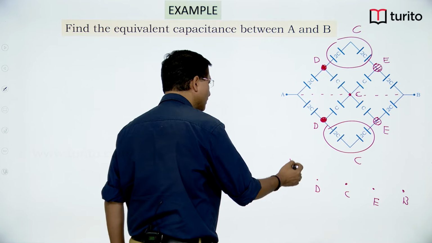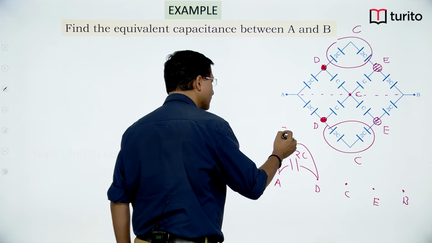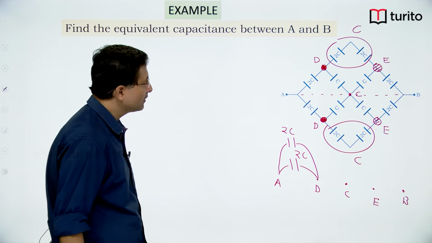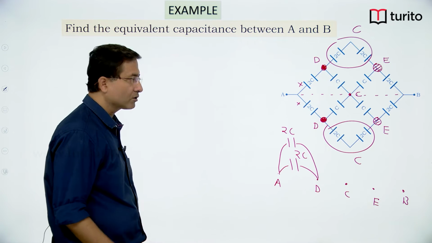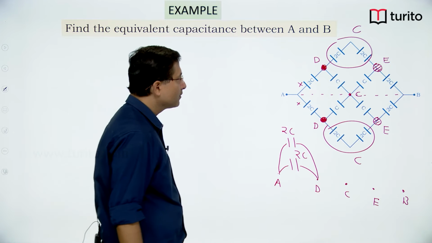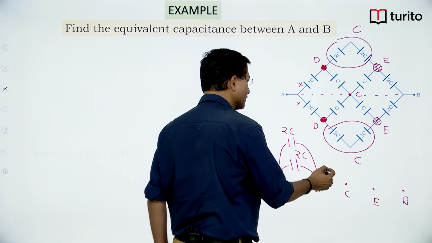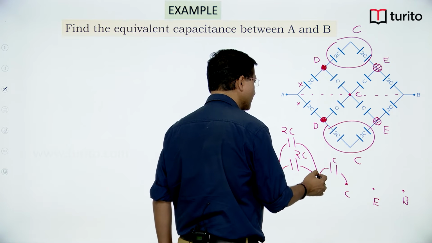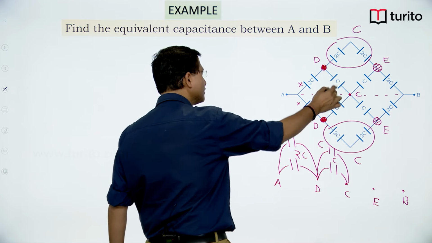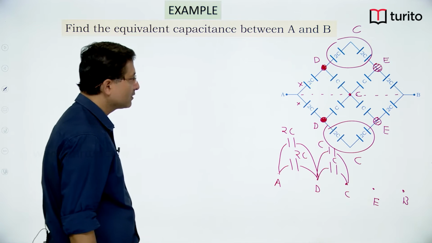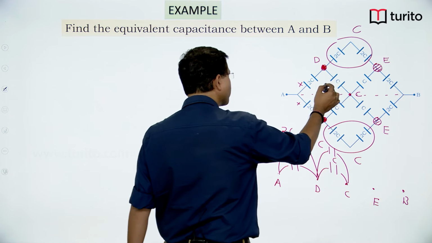So, I can draw 2C, 2C, right. So, I have drawn these capacitors, I will draw a cross mark so that we will not get confused. Between DC and DC, again there are two capacitors. So, C here and again C here. These two are having capacitance C. So, this part is also over now. So, these two over.